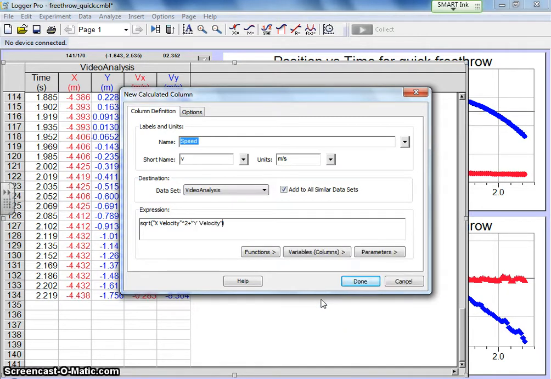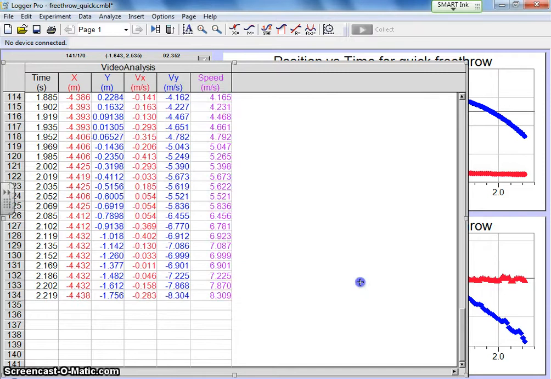That needs to be squared, so that's going to be caret 2. So I have the square root of everything inside this parenthesis, which is the x velocity squared plus the y velocity squared. And when I hit Done, I should get a new calculated column.